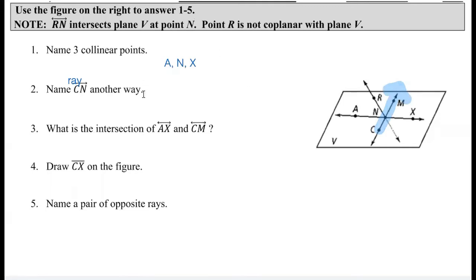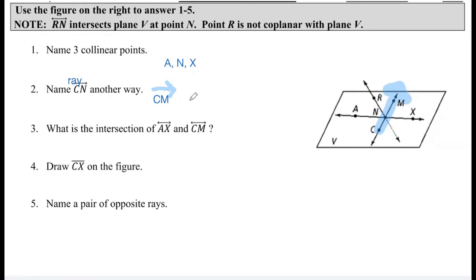Well, we could say ray with endpoint C and going in the direction of M, because M is the same direction as N. And that will work for us. But it's important that you put all the right markings, use the correct notation. So it's a ray. We want to also have a ray as our answer, and make sure the arrow is pointing in the same direction.